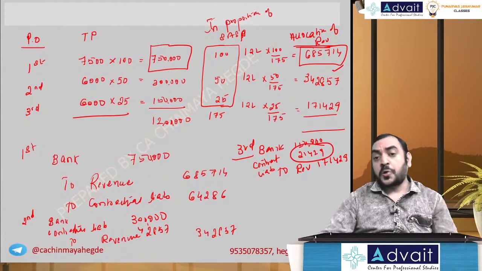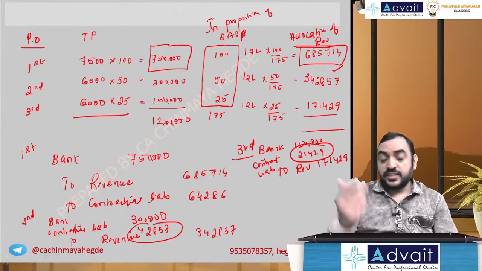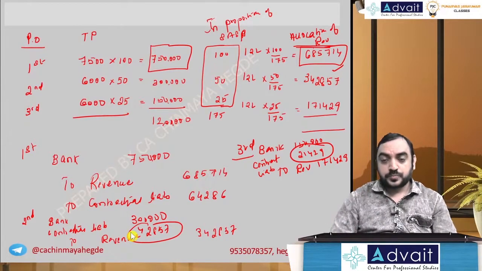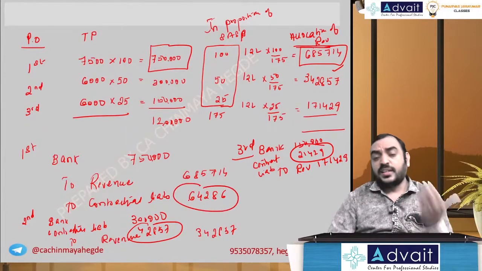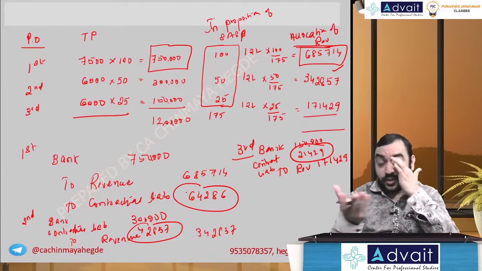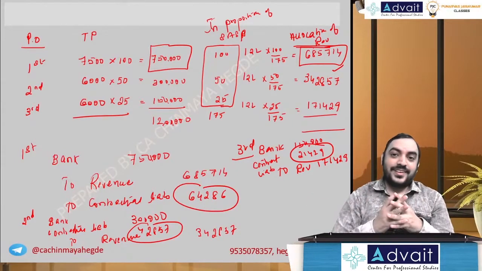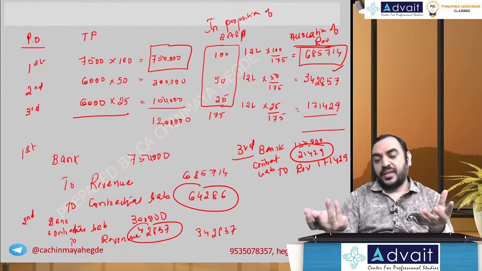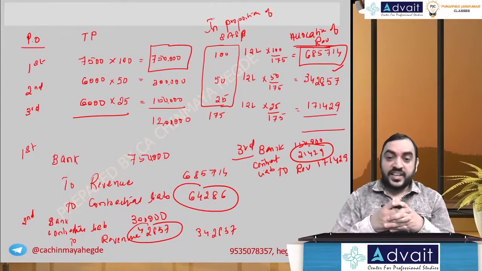And look at this contractual liability: 21,429 plus 42,857, see how much it comes to. That comes to 64,286. So it was created in the first year and debited against the next 2 years. Therefore it is set off completely, and will not be there at the end of the third year.